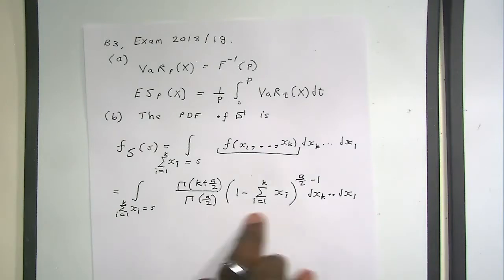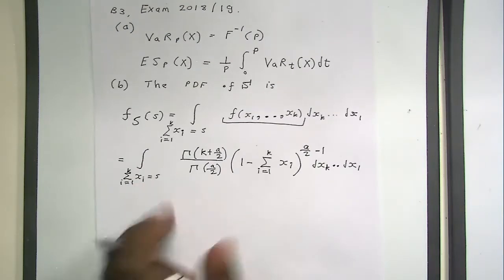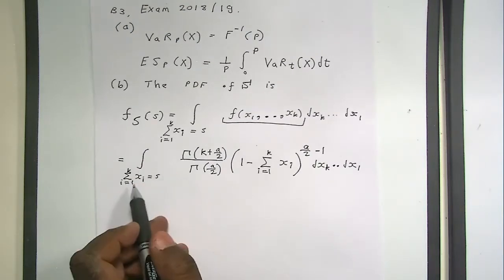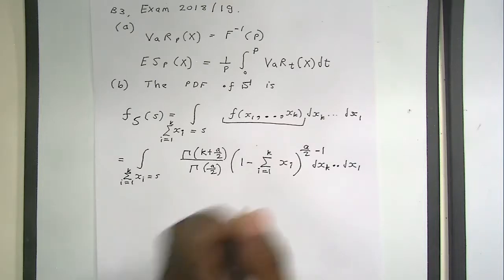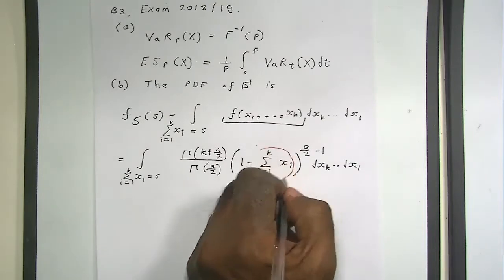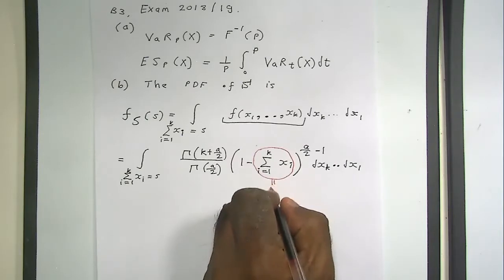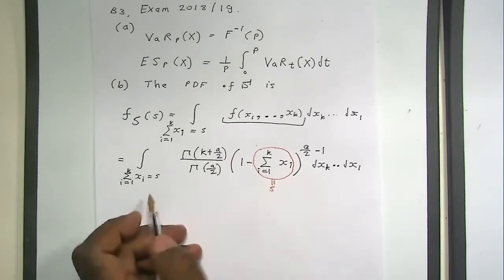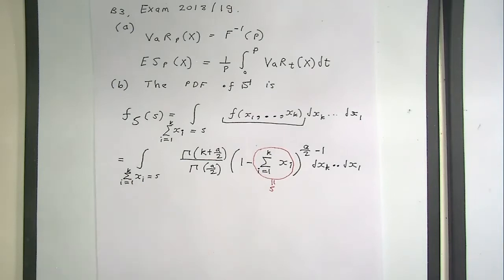This is the formula for the joint density. But we are integrating over this region, where the sum of xi is equal to s. So that means that this guy here has to be equal to s, because we are integrating over that region.